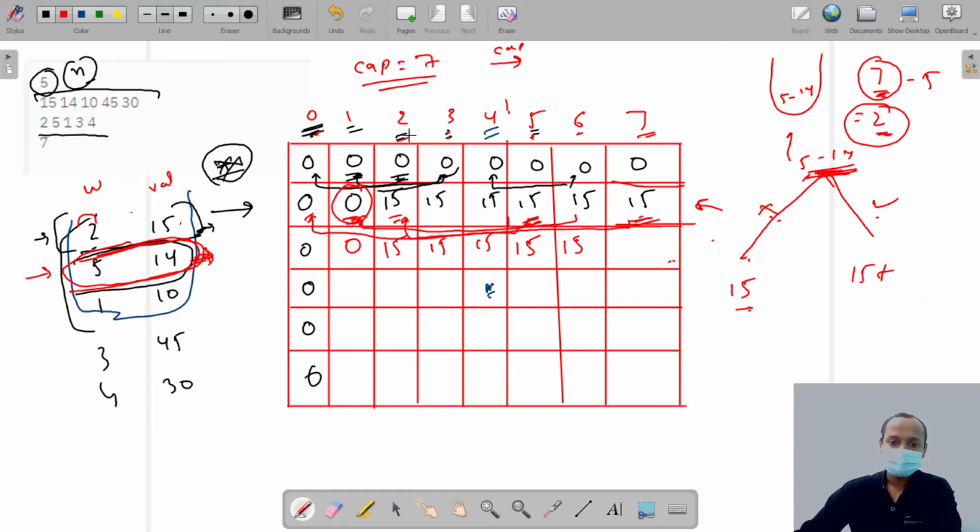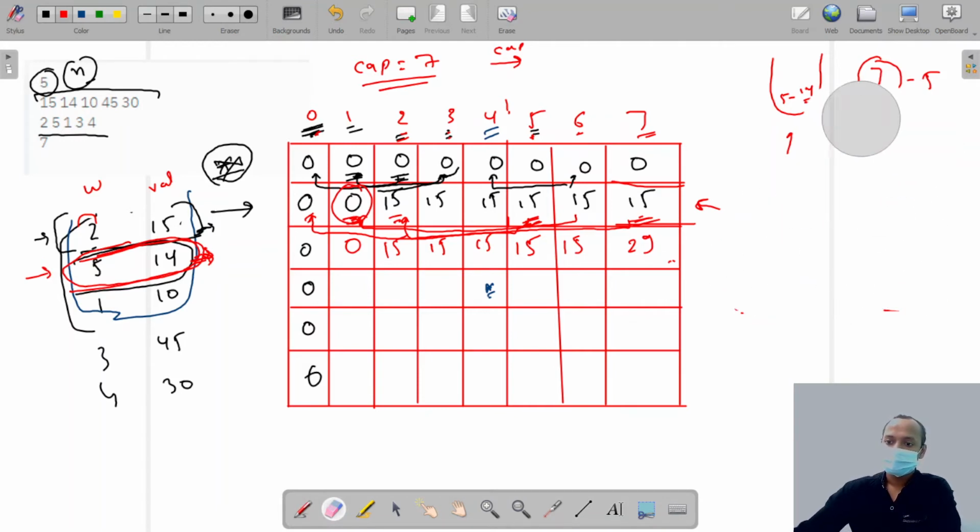If the capacity of the bag is 2, we get 15. So 15 plus the value of the item, 14, equals 29. And the maximum of these two is 29. So I'm writing 29. I hope you know what we are doing.